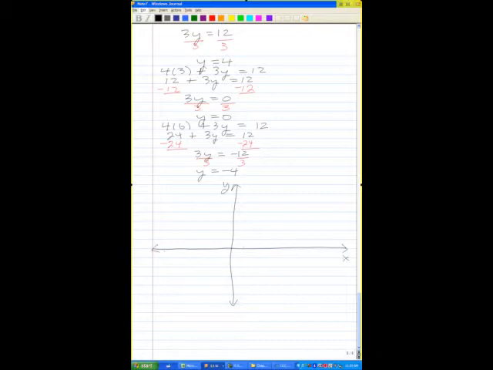Okay. Let's see. 1, 2, 3, 4, 5, 7, 6. Okay, so let's see. Let's place the tick marks.